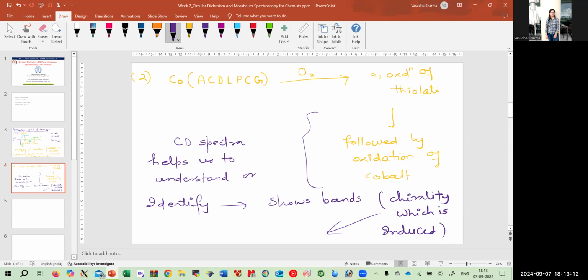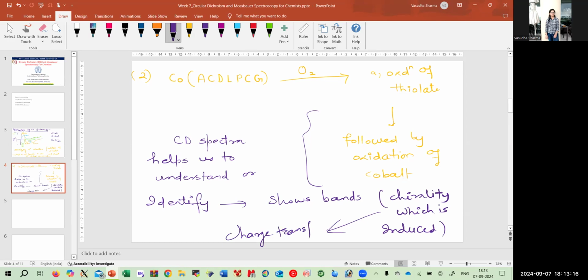That chirality comes from the charge transfer bands. So the charge transfer happening in this particular system on treatment with oxygen is confirmed from the circular dichroism.